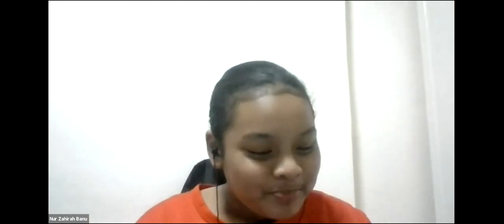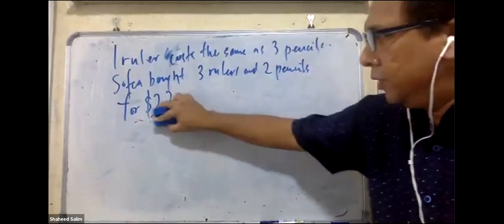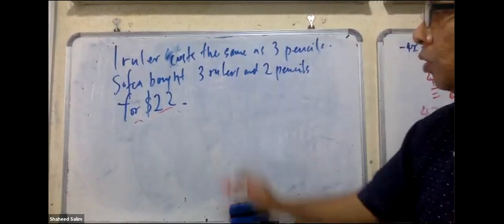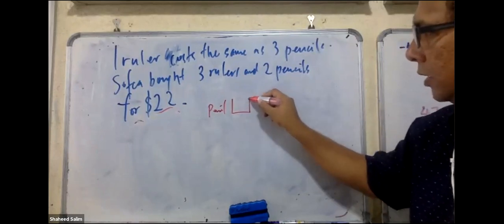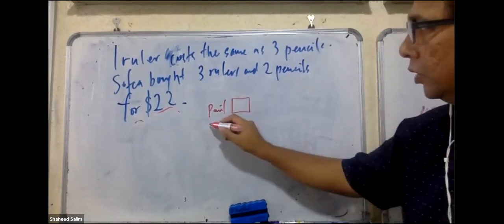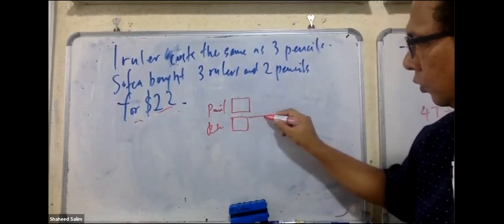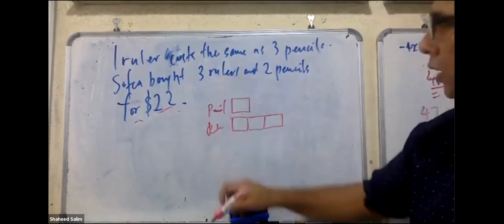Okay, I'll show you now. Rehana, you can see the video now, right? You can see what I'm doing. So 1 ruler costs the same as 3 pencils. Pencils are cheaper, so we draw one pencil as 1 unit. 1 ruler is 1, 2, 3. Now how many rulers do you have? 3 rulers.